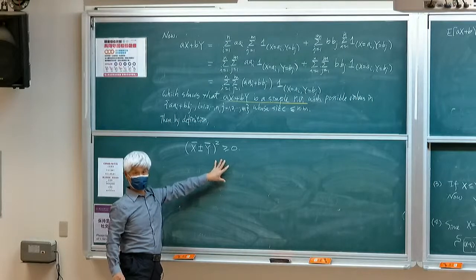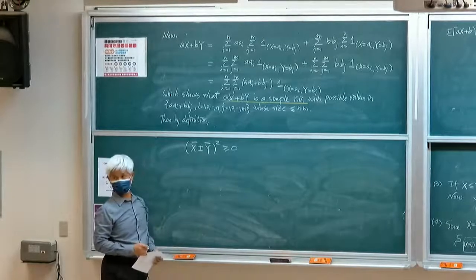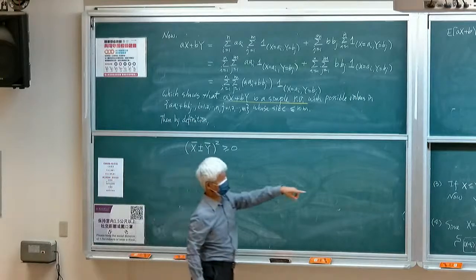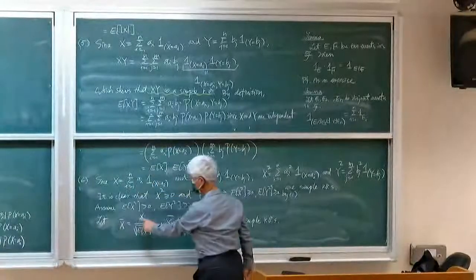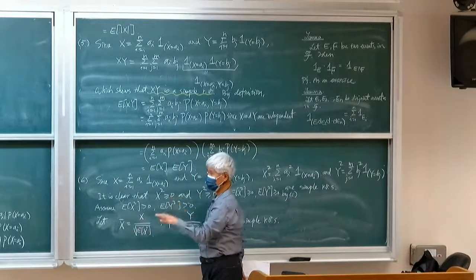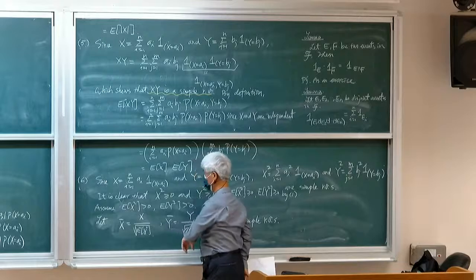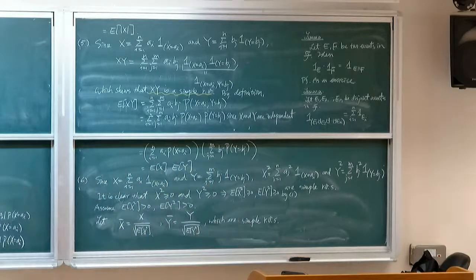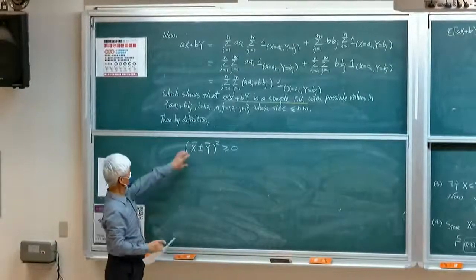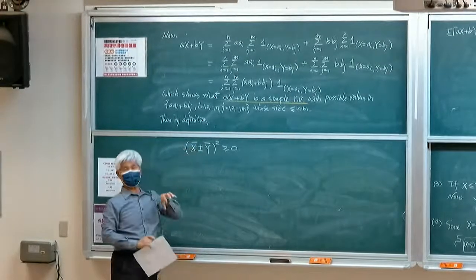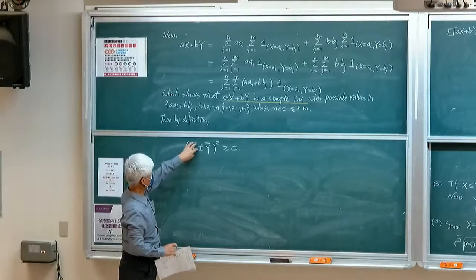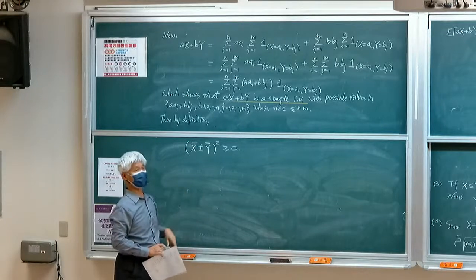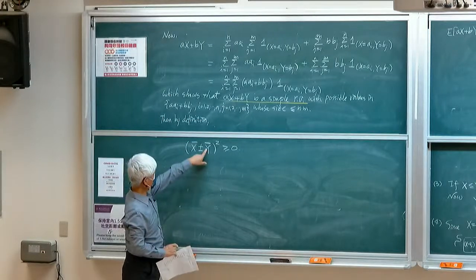We normalize them because we define x bar by dividing by something. This x bar is a real-valued function, because it's a random variable, so it's a function on every outcome.